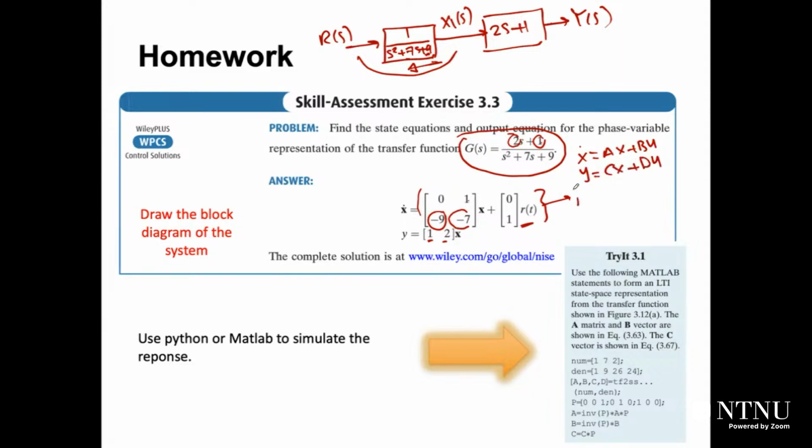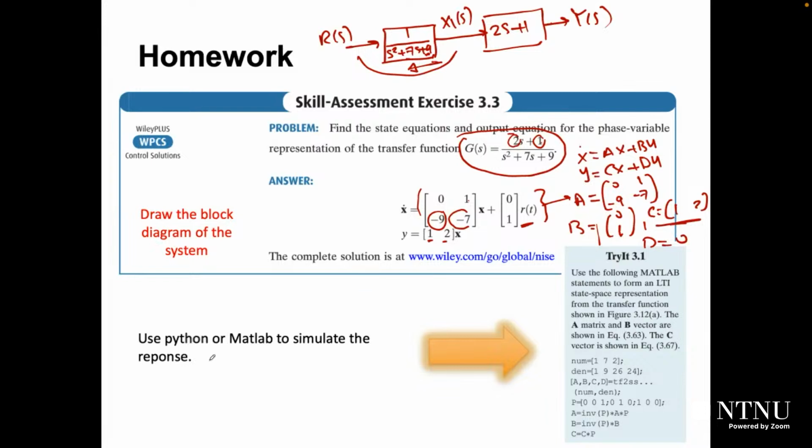So now the system matrix A is 0, 1, minus 9, minus 7, right? And B equals this matrix. C equals 1, 2. Just remember this one is a row, this one is a column, and D equals 0, right?